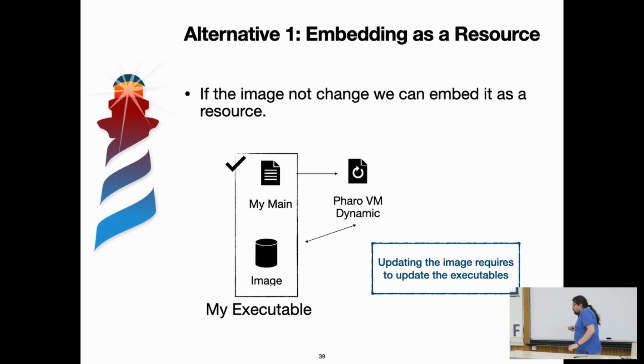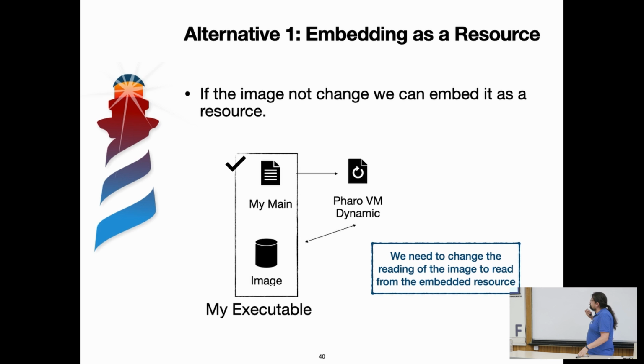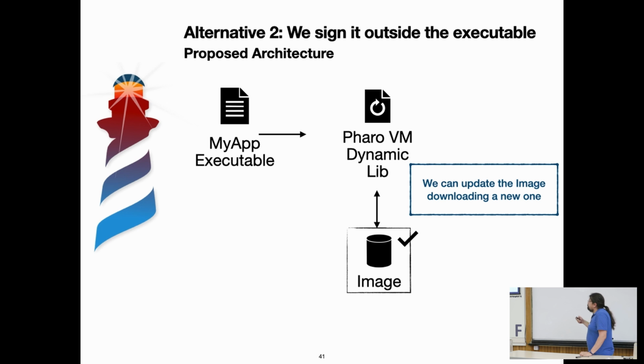For doing this, we will need to change how the image is loaded, read and handled by the VM, but this is not difficult. We have already worked on the VM side and exposed the API to do this. So it's easier. We will see the example when we talk after alternative 2.